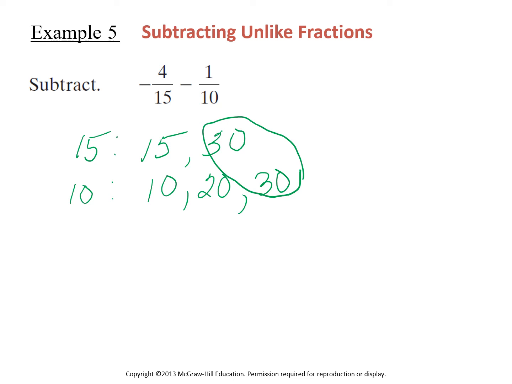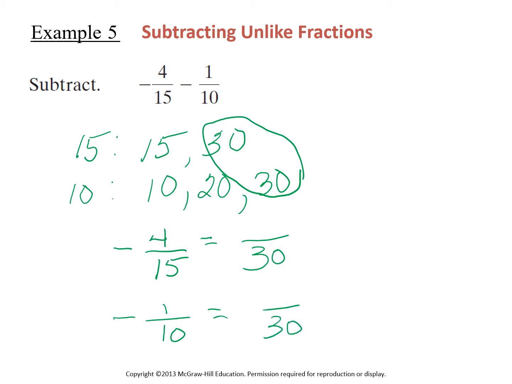So I'm going to change these fractions to equivalent fractions that have a denominator of 30. First I'm going to multiply by 2/2, giving me -8/30.